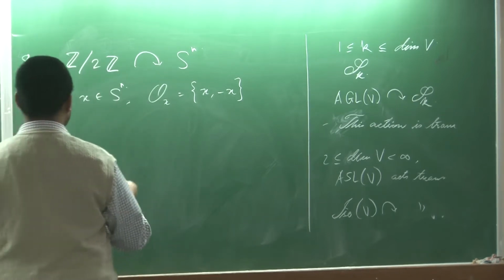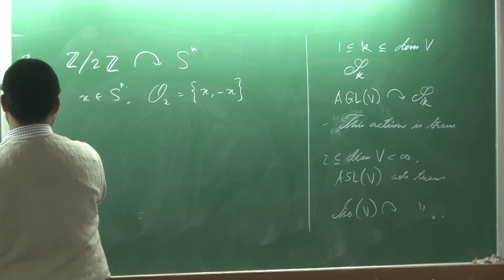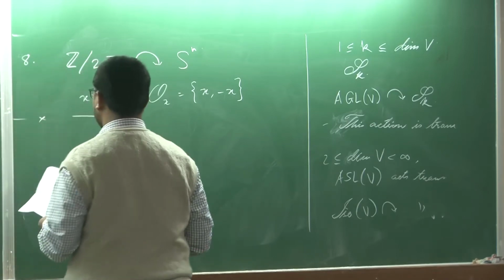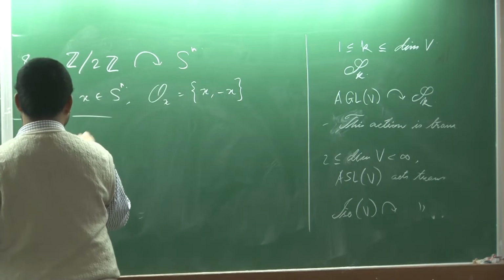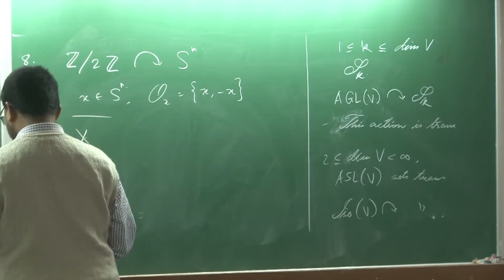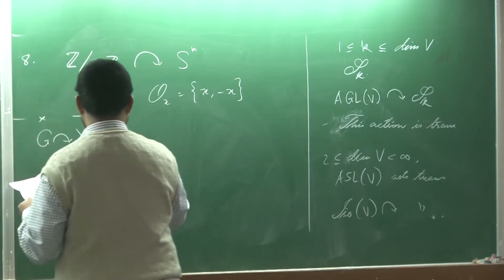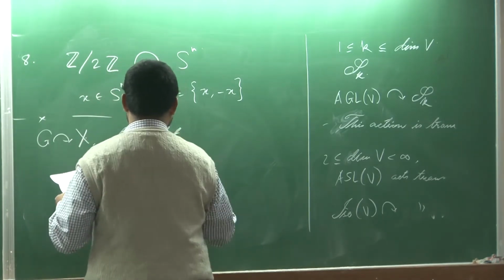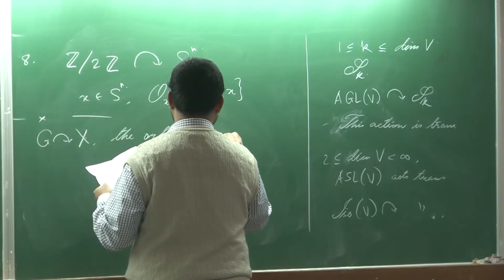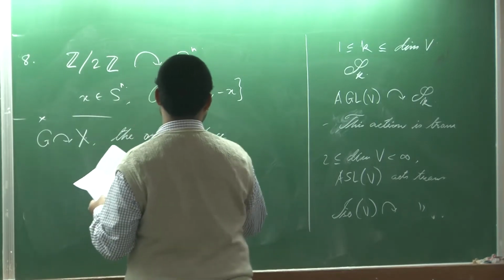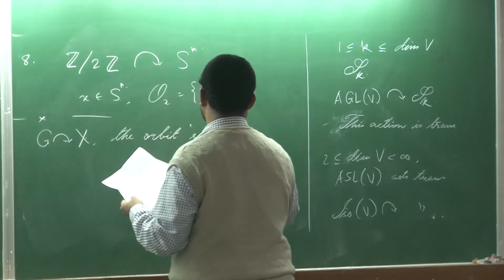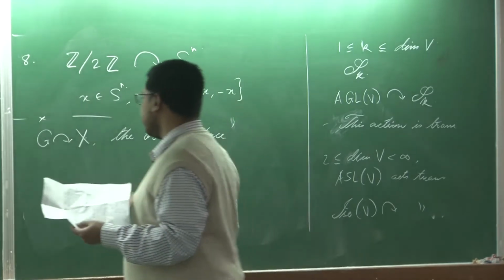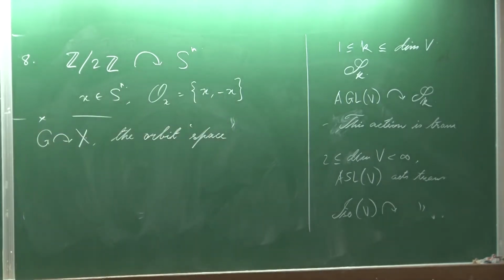I think I should first make a general definition: if G acts on X, then the orbit space, and if you are not comfortable with the word space you may just ignore it, here it is just a name. The reason for calling it a space will be clear later on.